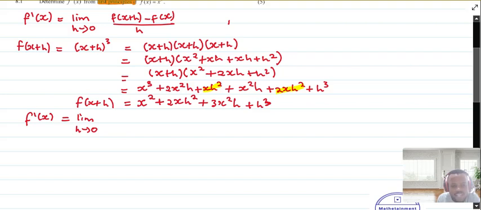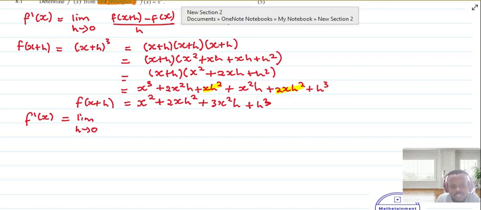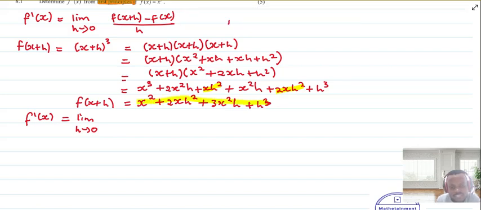When I see f of x plus h, I can replace it with this entire expression. So it is x cubed plus, this one is 2 plus 2 plus 1, should be 3 here, not 2. Yes, it's 1, 3, 3 and 1 coefficients.